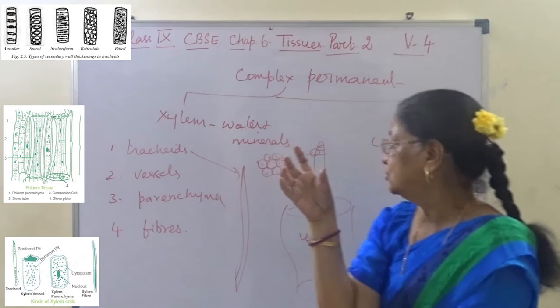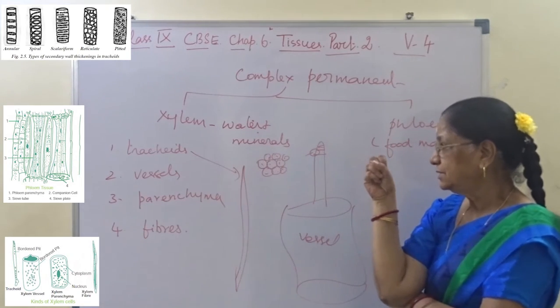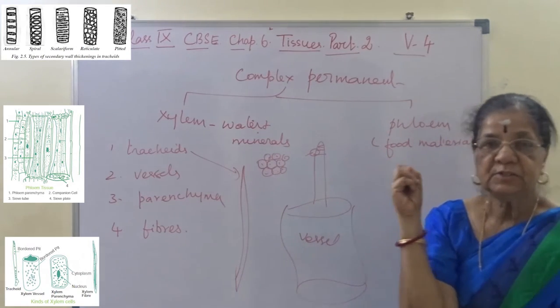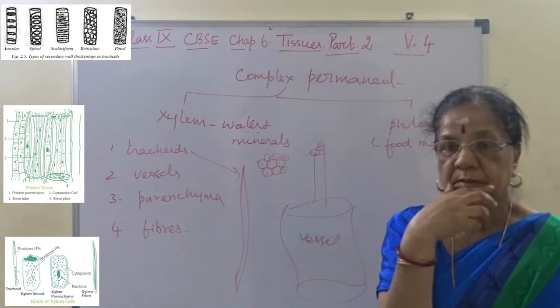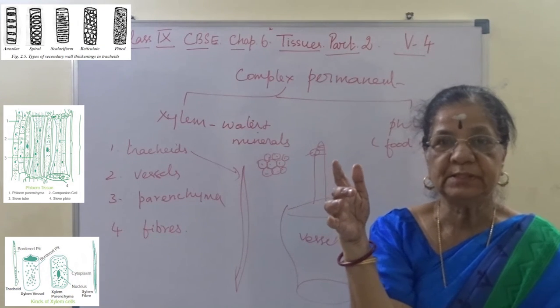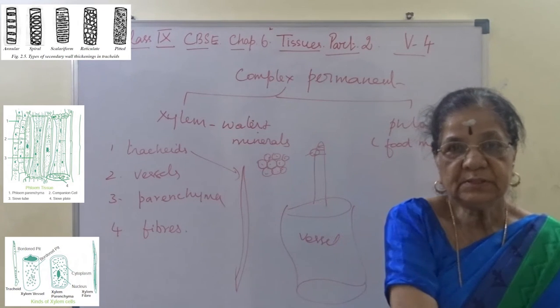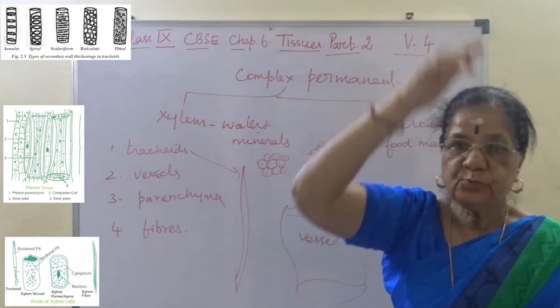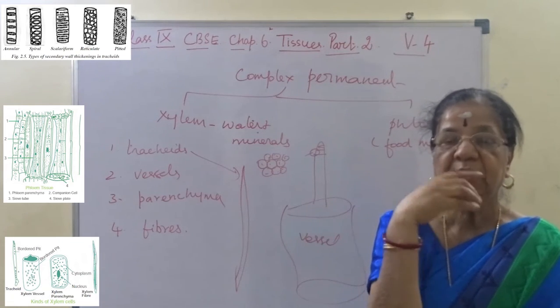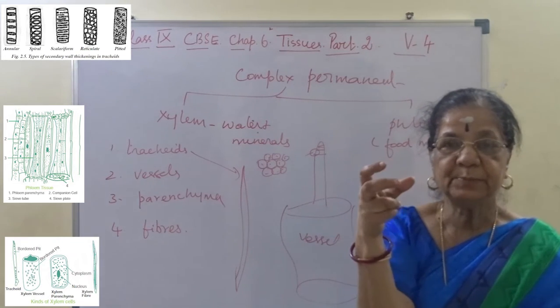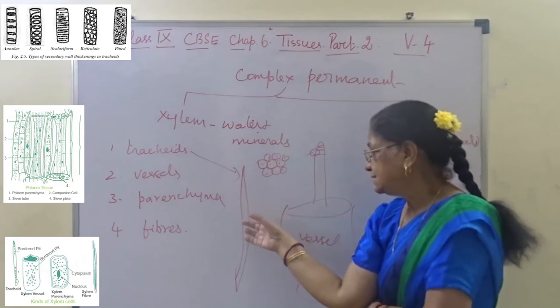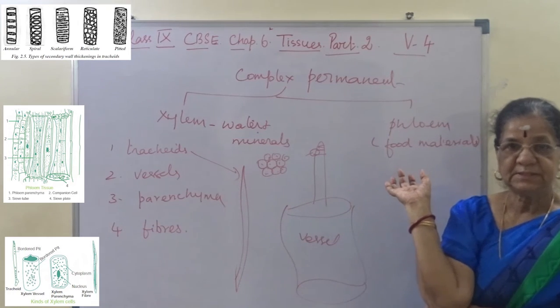So now this xylem tracheids and vessels, say for example, in a multi-story building, from the ground floor to the top floor, the water connection is there. Yeah? So similar to that pipeline structure, it is as tracheids and vessels.